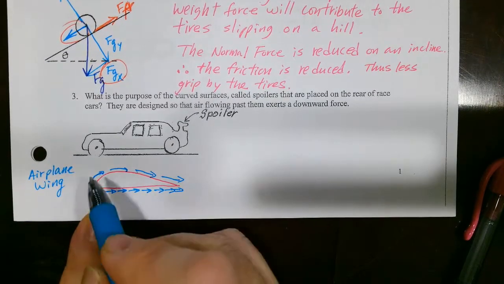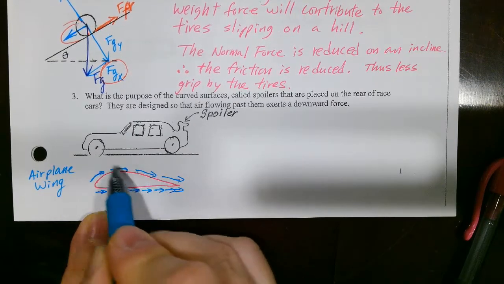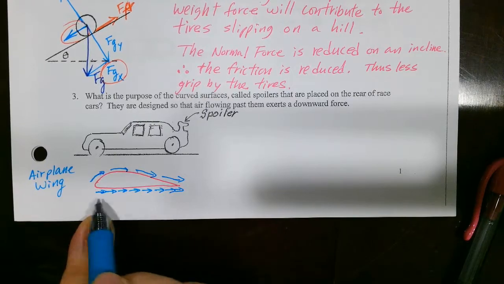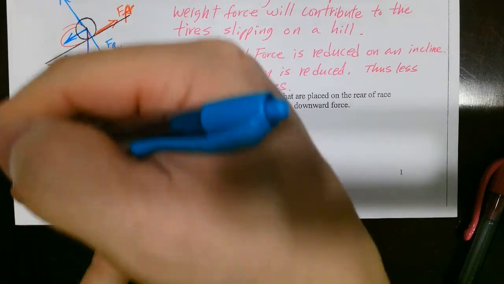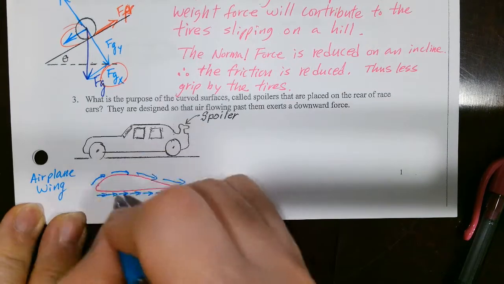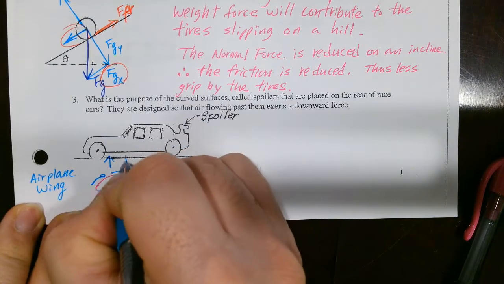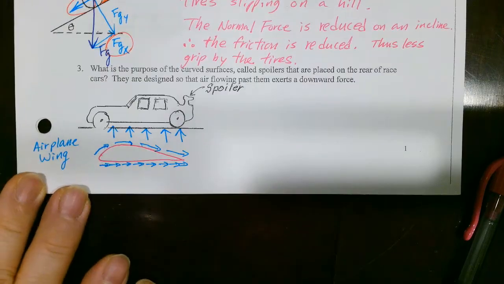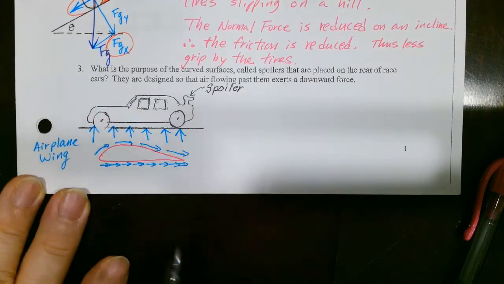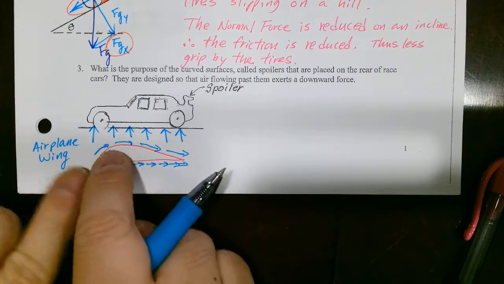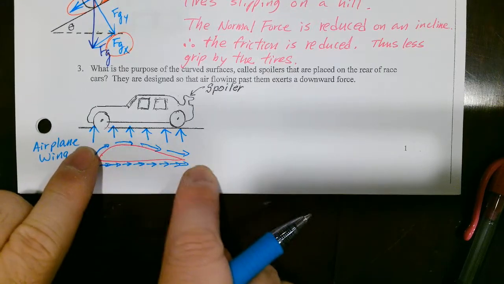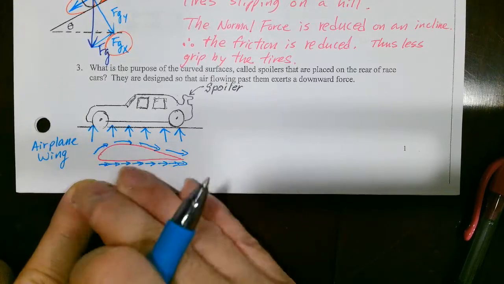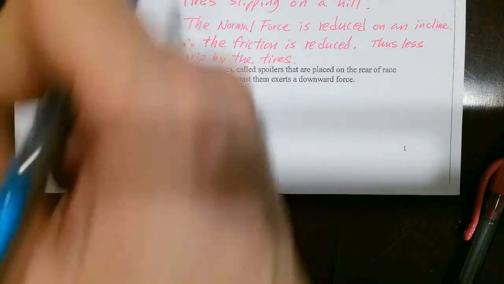So you have a lot less pressure at the top because the density of the air is a lot less. That creates lift, and that's how airplane wings work.